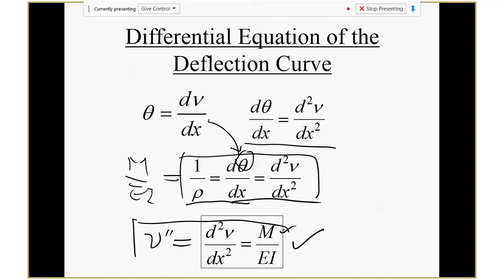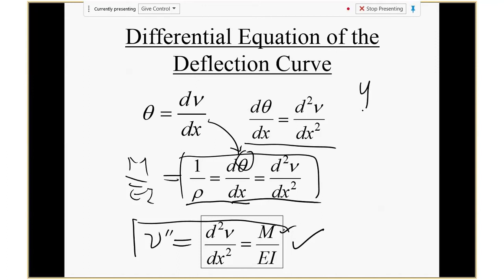Separation of variables, right? That's one way, if you have multiple variables. Now, how many variables do you have here? One, only one, v(x). V is a function of x. It's a single variable, x only. So therefore, there's no need for separation of variables. There's no t involved. It's not a dynamic equation, right? So you don't need the separation of variables. It's just an ordinary second order differential equation, right?